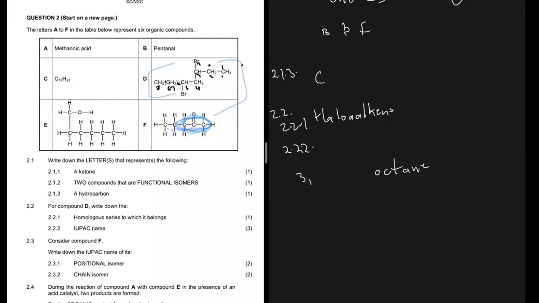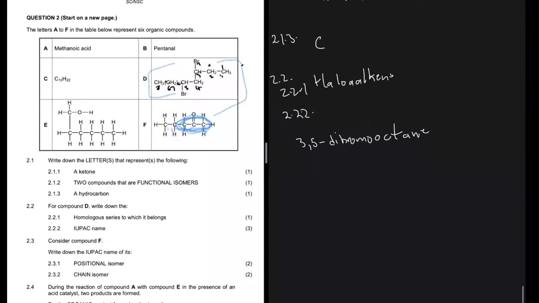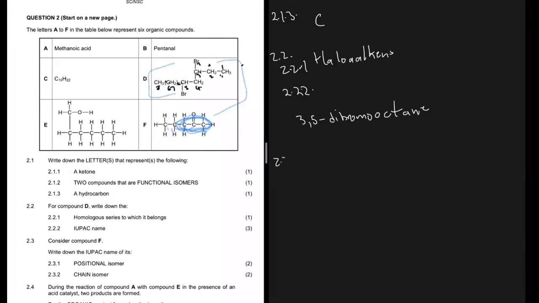So we're going to have 3 comma, and then the other position for the other halogen, so that's 1, 2, 3, 4, 5. So it's 3 comma 5 dash dibromo octane, 3,5-dibromooctane. There we have it.